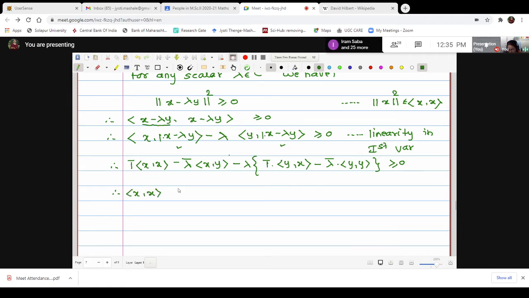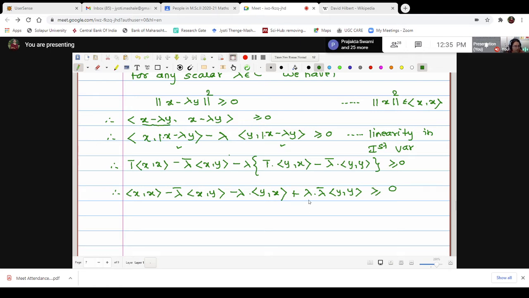Here it will be inner product xx itself, and this is lambda bar inner product x with y. We will multiply by minus lambda. Therefore this is minus lambda, 1 bar is 1, therefore this is inner product y with x. Negative of negative will be positive, and lambda into lambda bar inner product y with y is greater than or equal to 0.